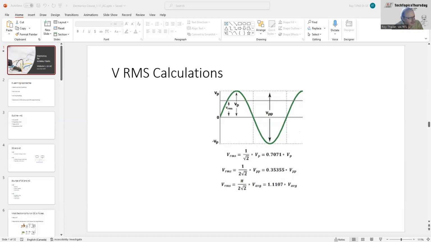But if you did the calculations up to V peak to peak, you would end up with something like 340 volts. So this is important if you're planning for capacitors or resistors. You want them to be able to handle at least 340 volts, not just 120 volts, which is what you measure on the meter.